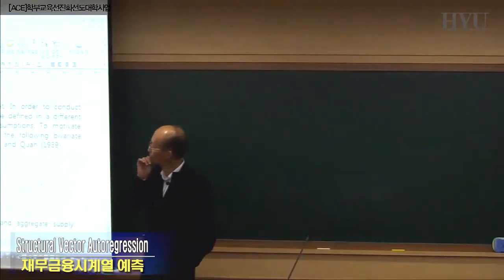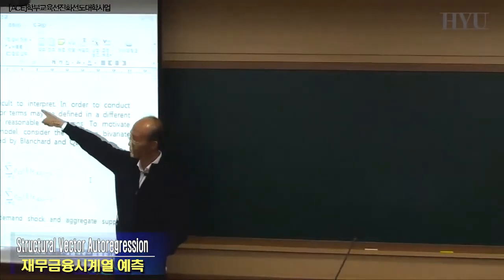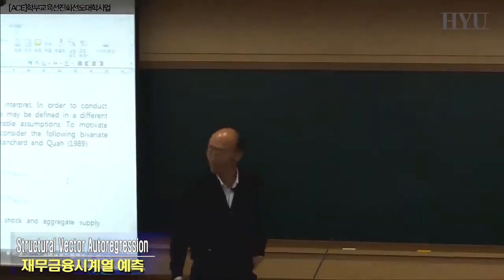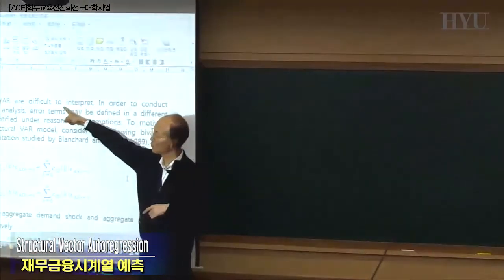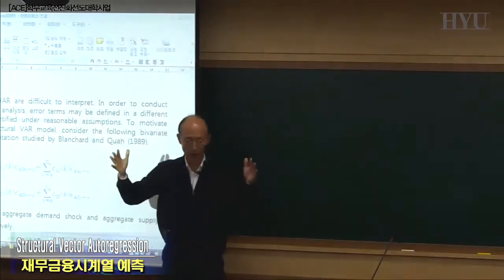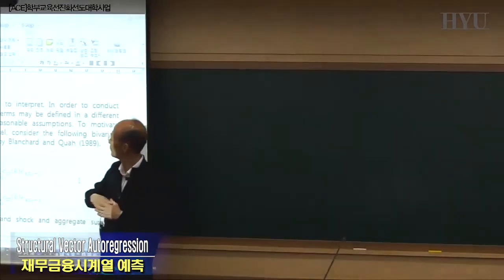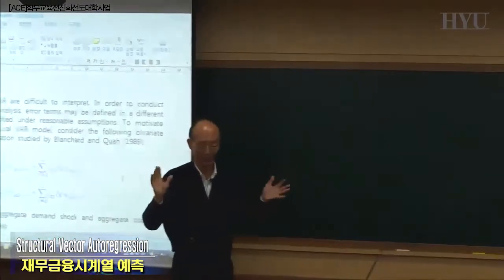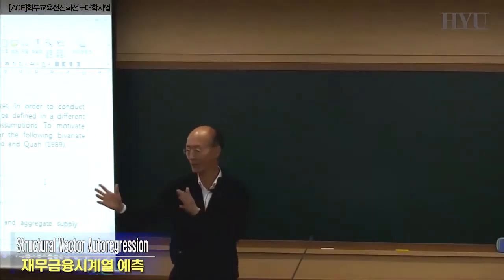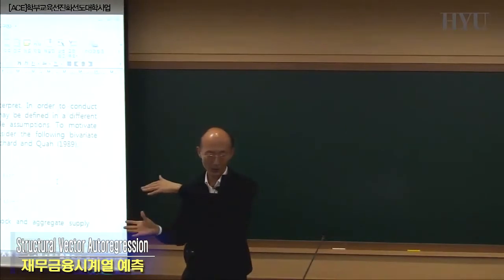When we discussed ordinary vector autoregression, we know that the innovation terms, the residual terms, are often difficult to interpret because they don't have any meaning. It's just a mechanical thing.